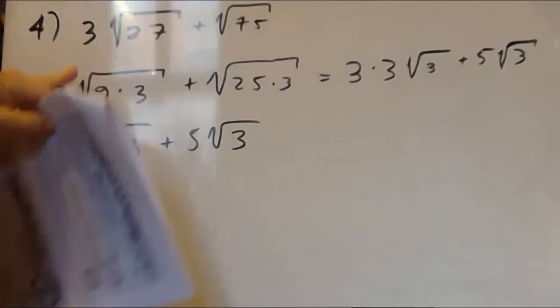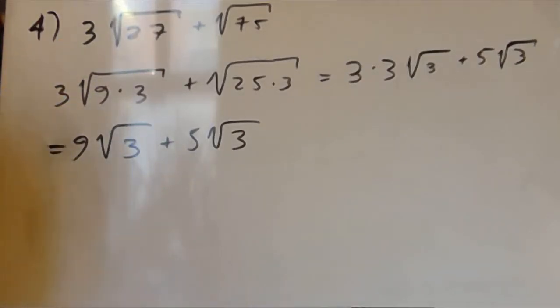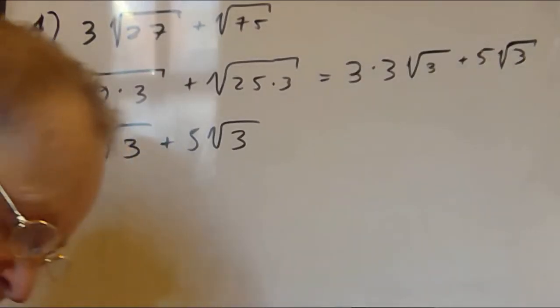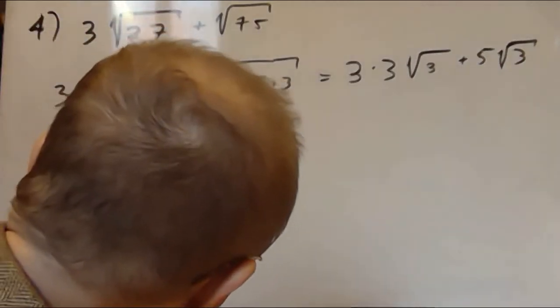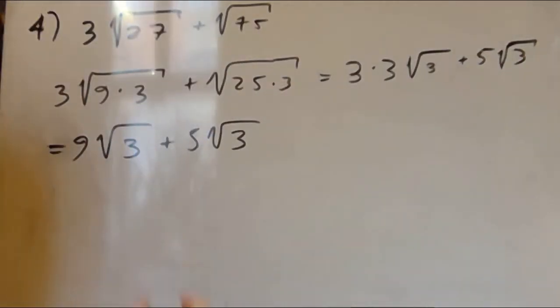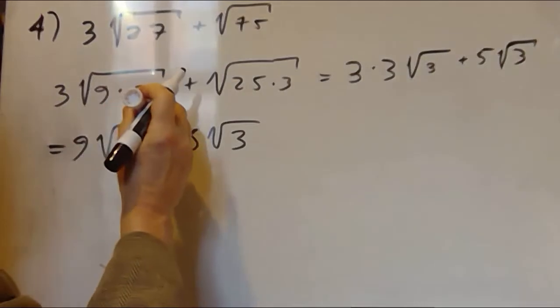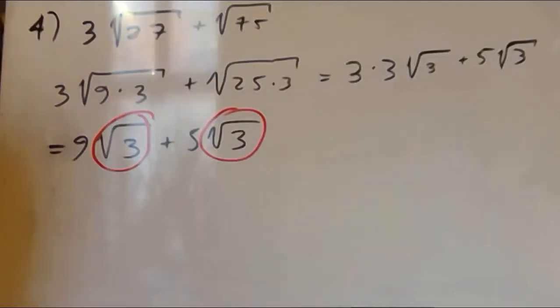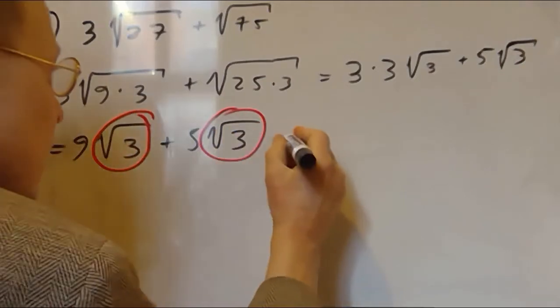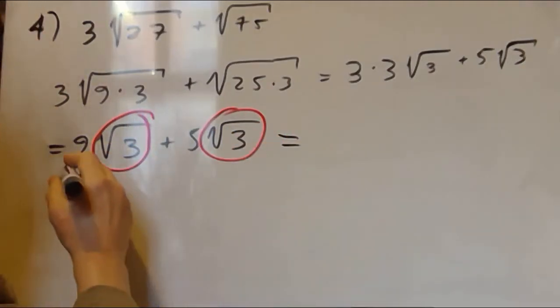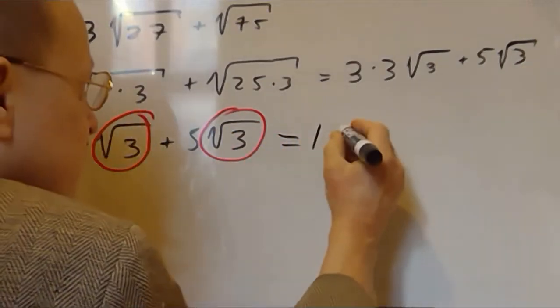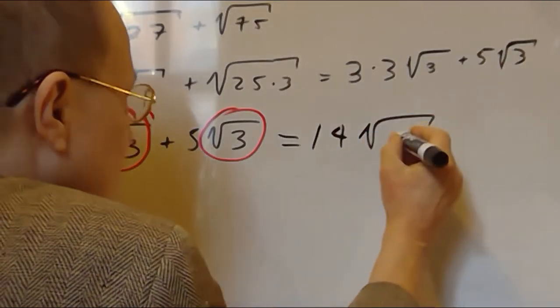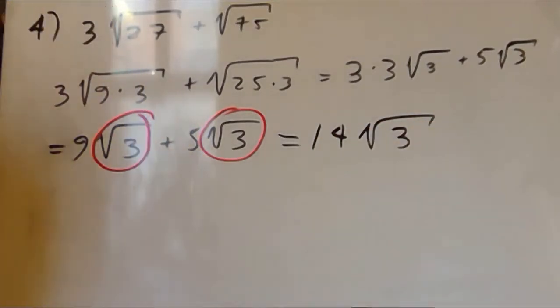So after that simplification, we see here that we have indeed the same radical. And we can combine those two to get 14 square root of 3.